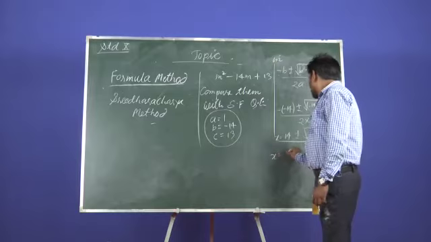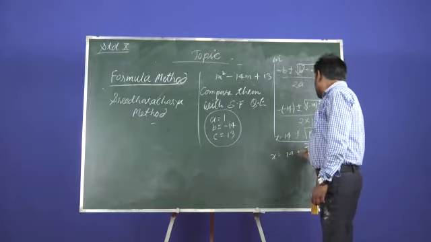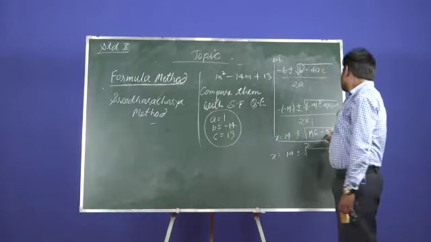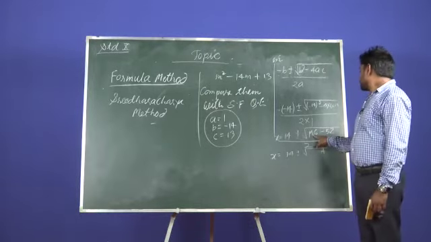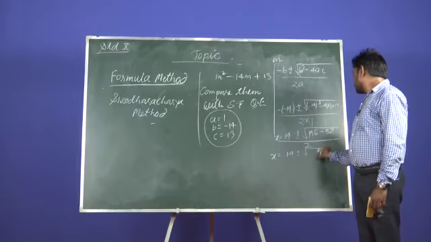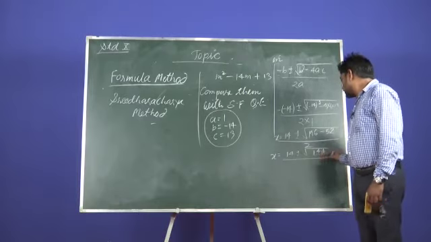Now x equals 14 plus or minus root of 196 minus 52, which is 144, upon 2.